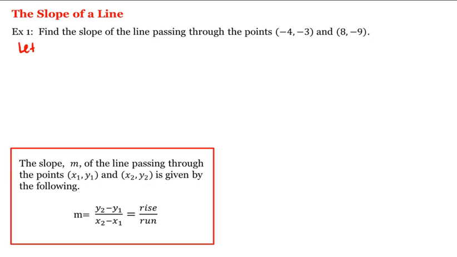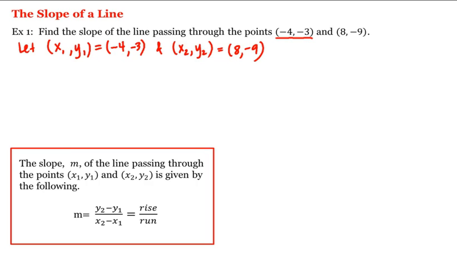So let's let x1, y1 be our first point over here, this -4, -3. And x2, y2 be the second point, namely 8, -9.